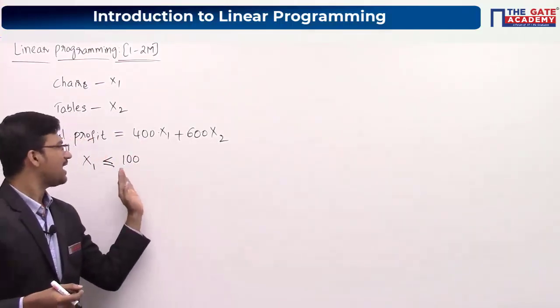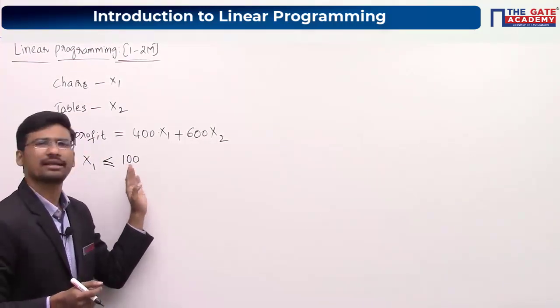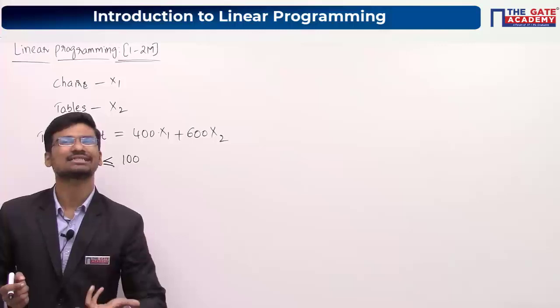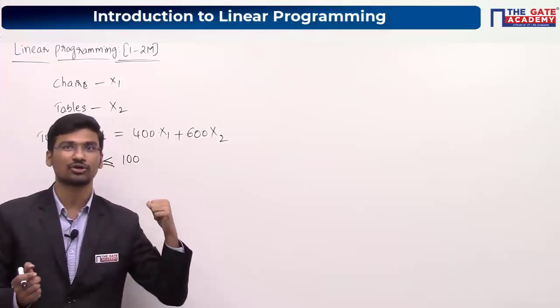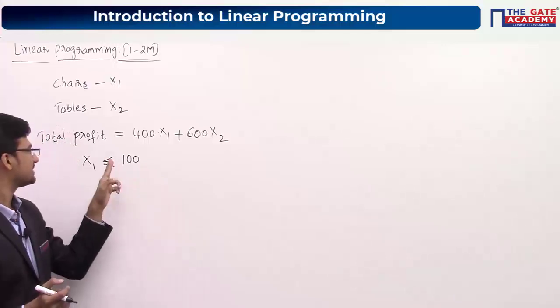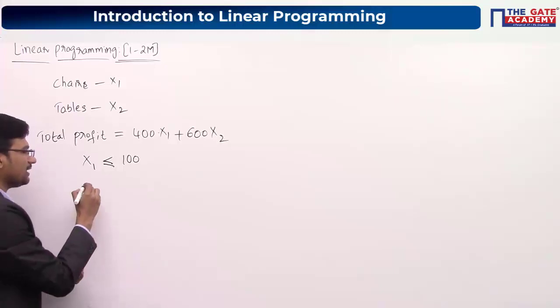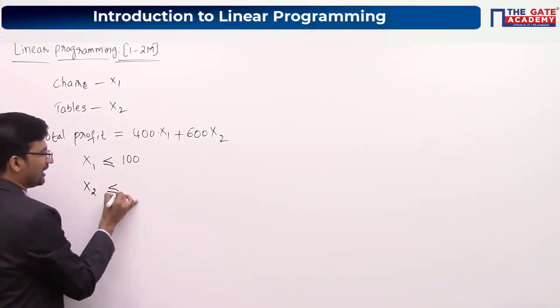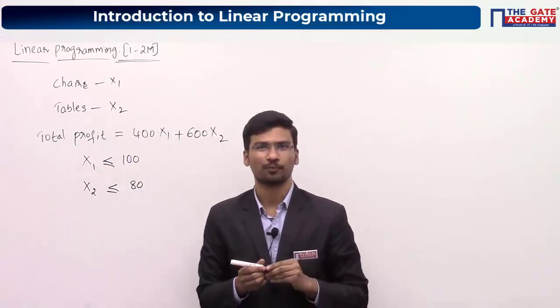That means you can produce 100 at maximum, or less than 100 also. You cannot produce more than 100 because you do not have enough raw material. So x1 should be less than or equal to 100. Similarly, what about the x2 variable? Number of tables, you can produce a maximum of 80 or less than 80 also, right?